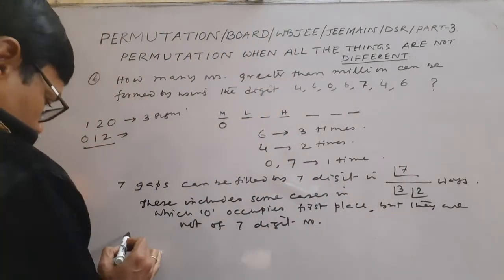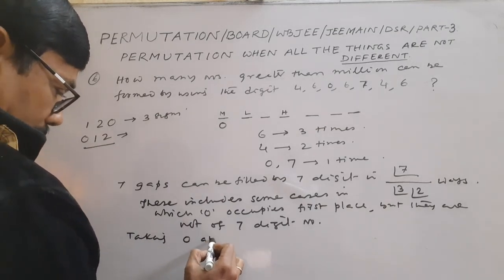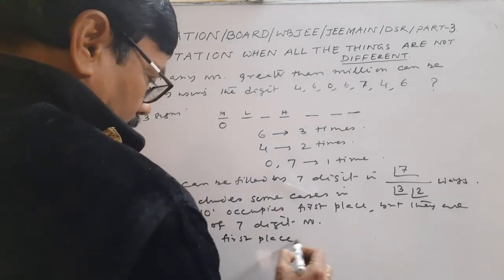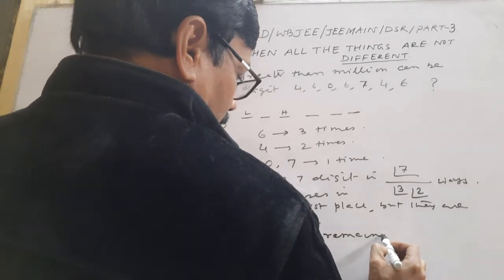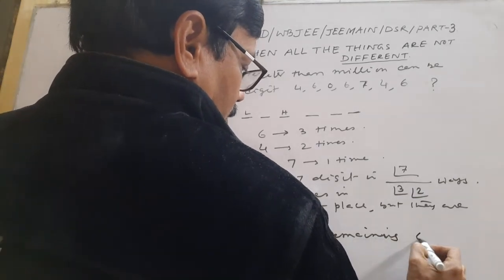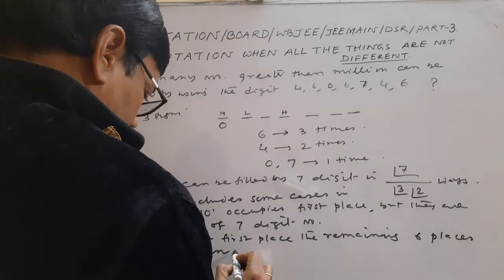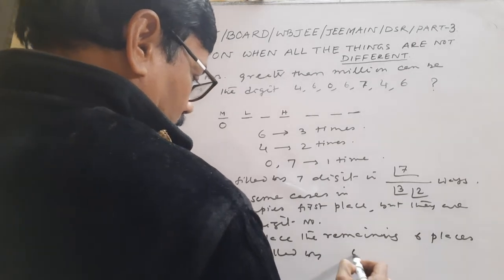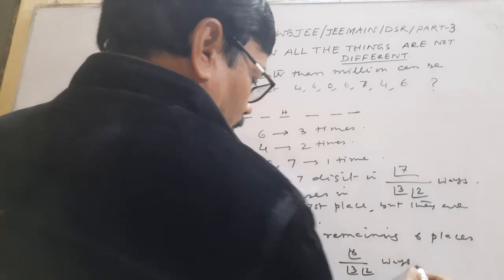Taking 0 at the first place, the remaining 6 places can be filled in factorial 6 by factorial 3 into factorial 2 ways.